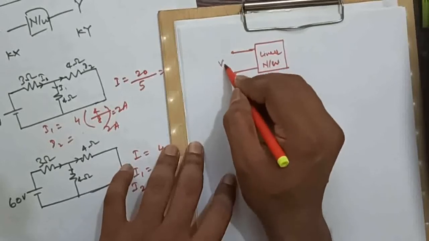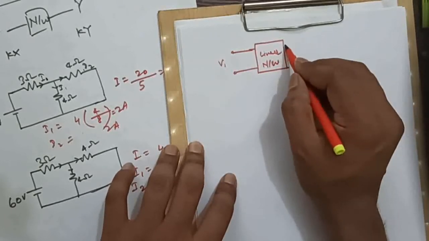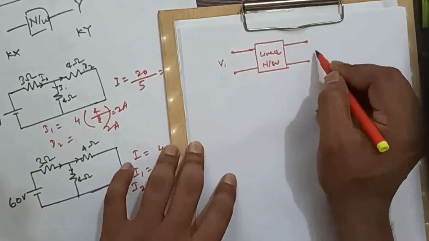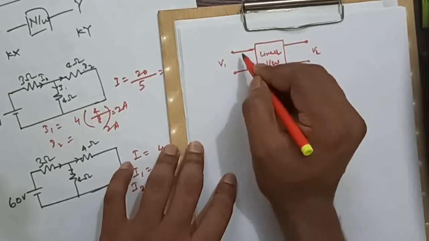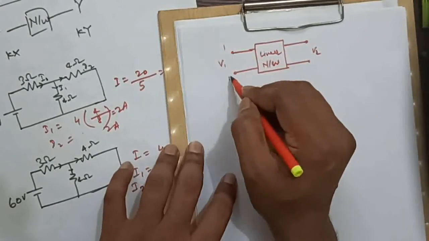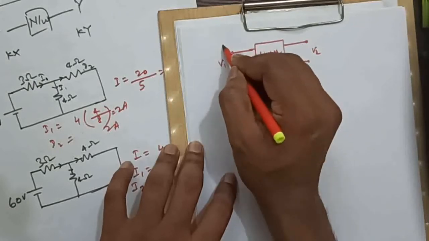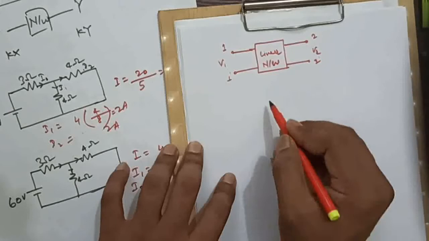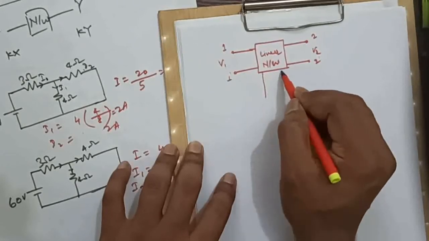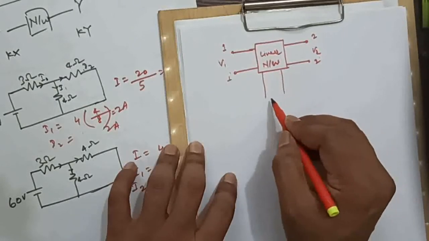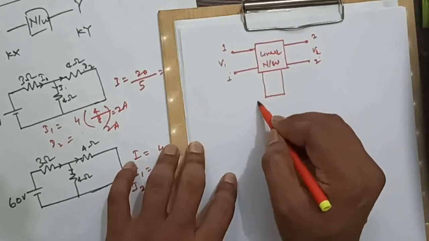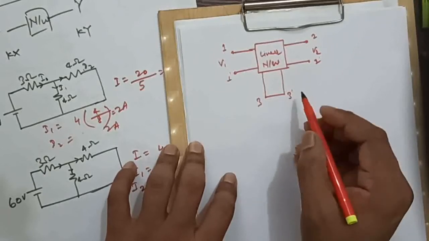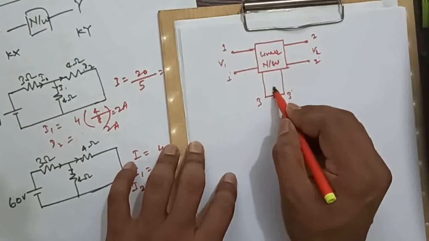This is V1, V2, this is 1 dash, this is 2 dash, and here an element is connected in 3 dash, and this is I.